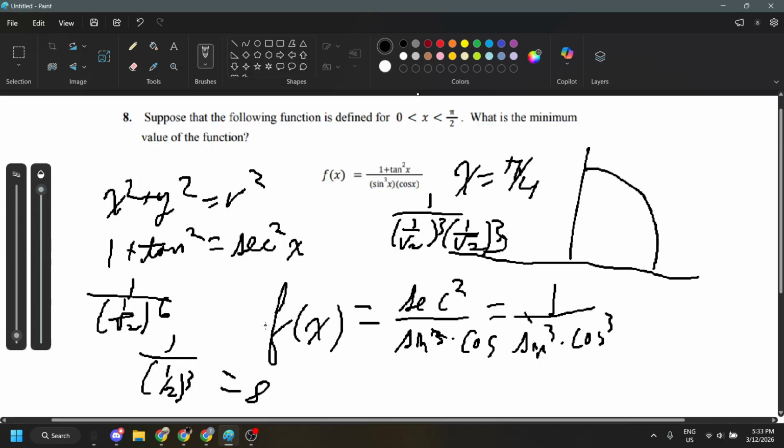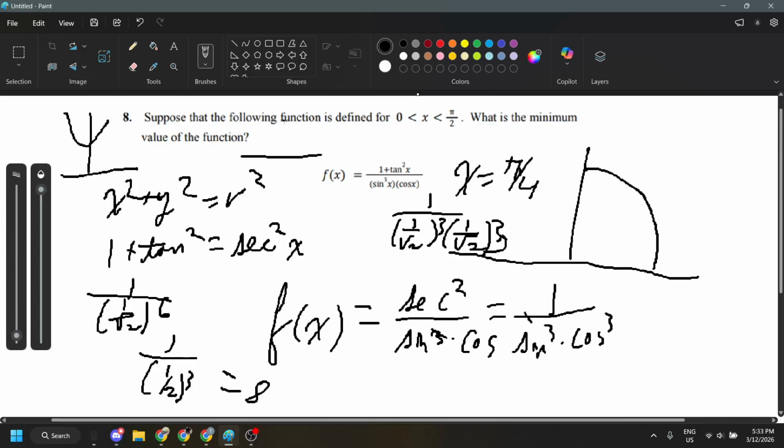This could very well be the maximum. I'm not sure. Well, this function is probably going to look like this.